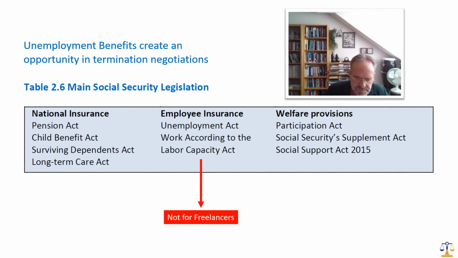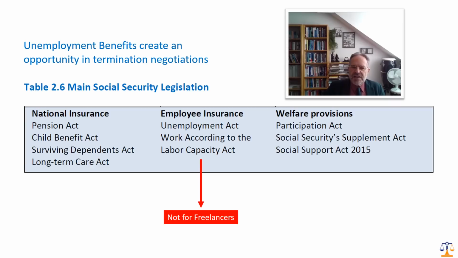Now, as said, those employee insurances are not available for freelancers. We are now in COVID times. A lot of freelancers are simply having their contracts terminated because they don't have employment contracts, so termination is easy.